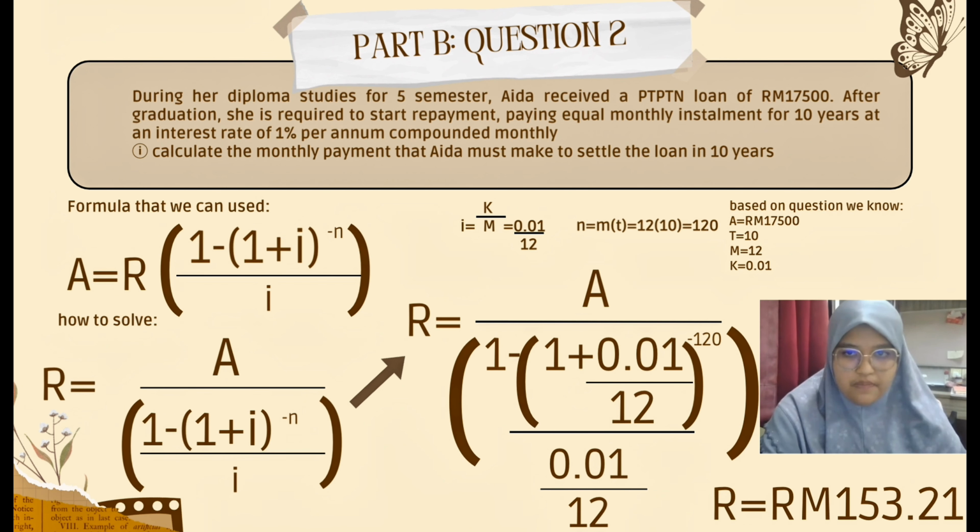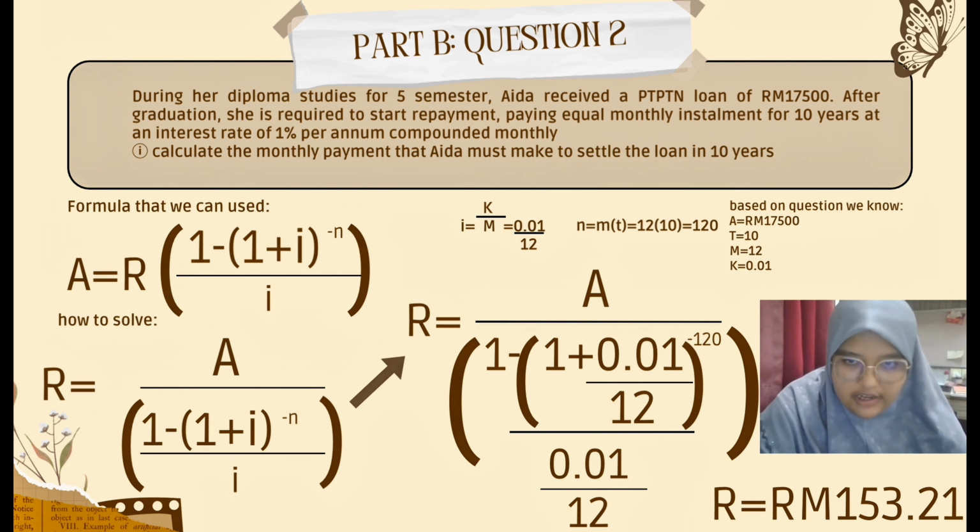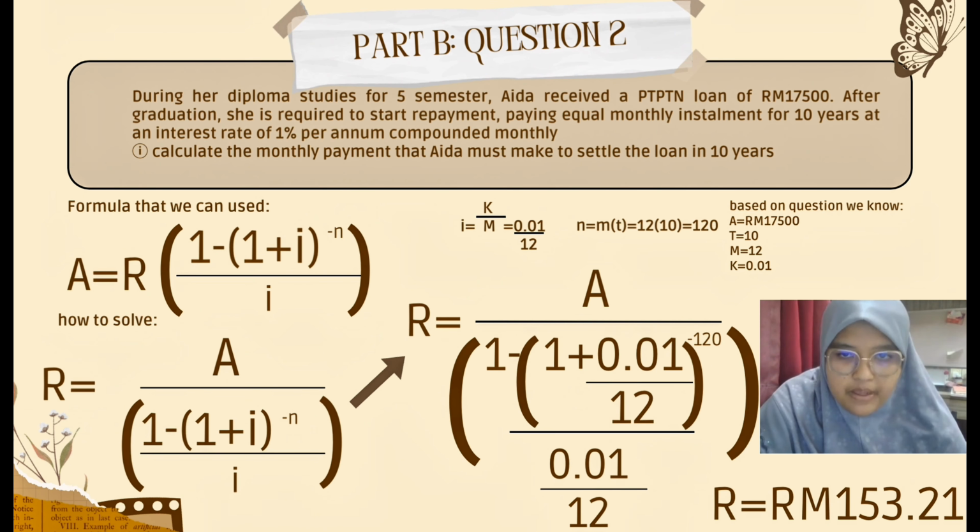Based on the question, we also know that A is equal to 70,500 ringgit, T equals 10, m equals 12, and k equals 0.01. So for i, we use k per m, which is equal to 0.01 per 12. While n, we use m times t, which is 12 times 10 equals 120.